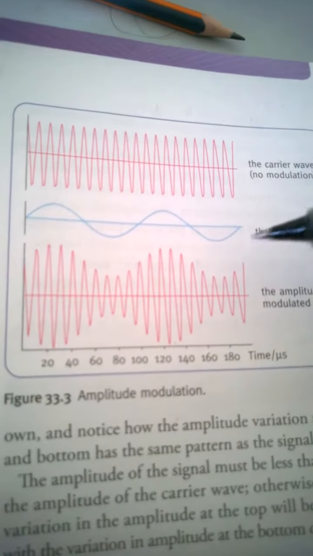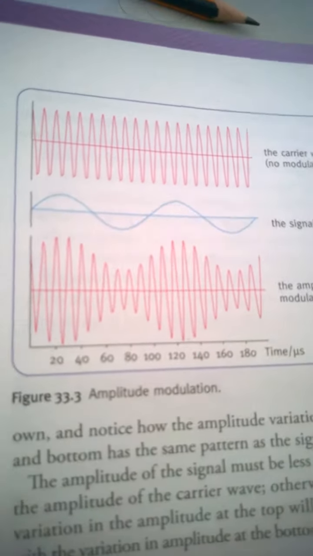So finally, we have the modulator, which, as we know, is going to modulate the signal. Let's just go back. Yeah, here. We produce a signal, which is going to be in a digital form.